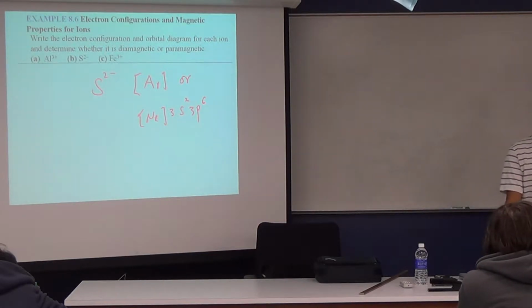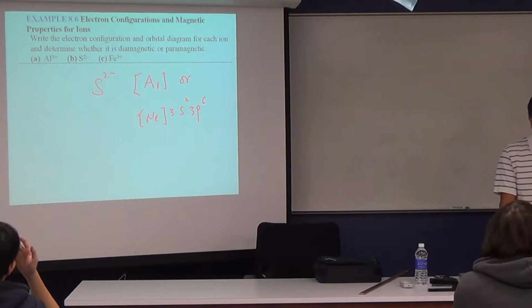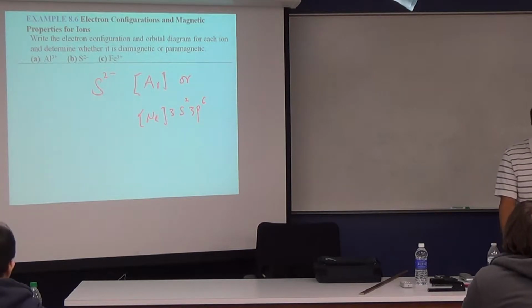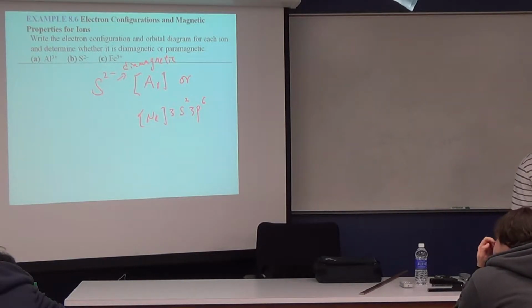Any noble gas configuration, we have all the electrons paired. So the result for sulfur 2 negative is diamagnetic.